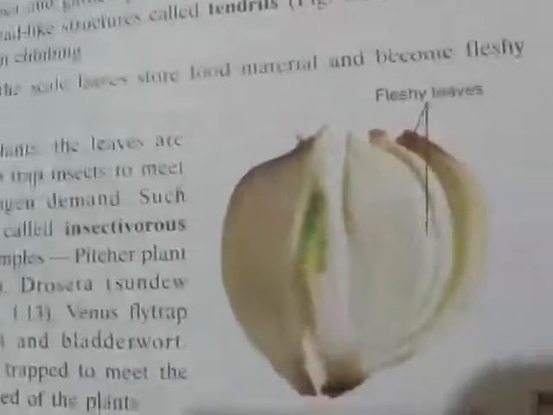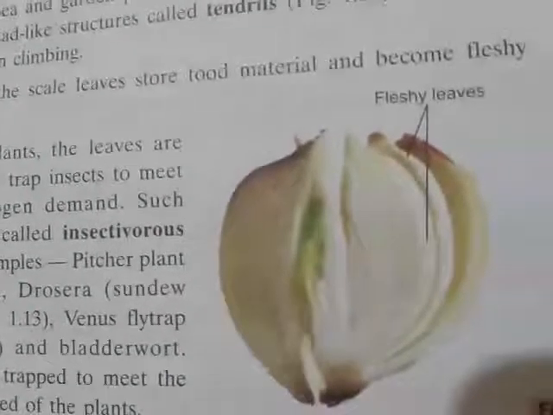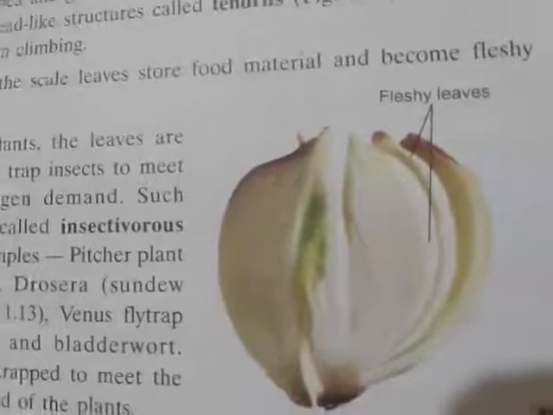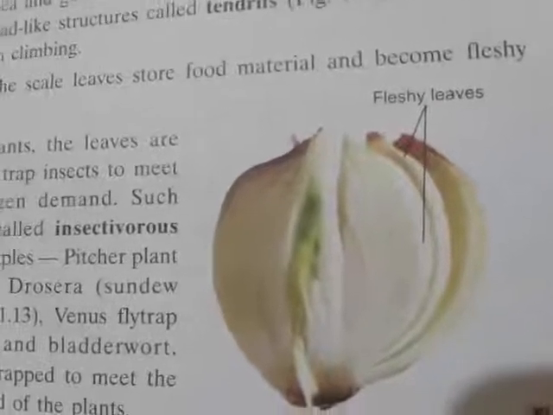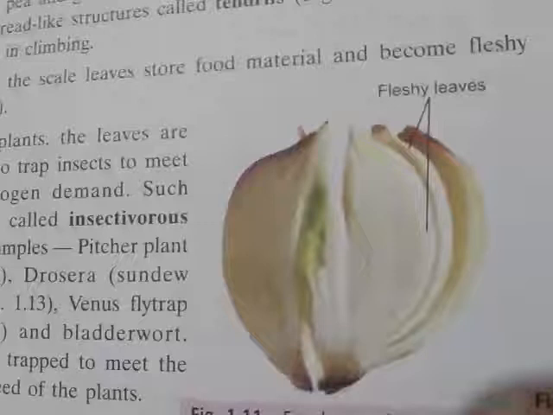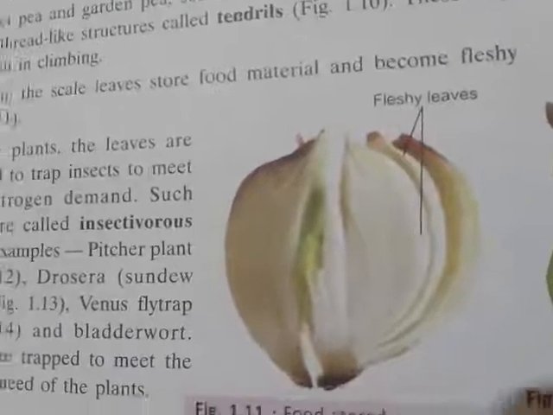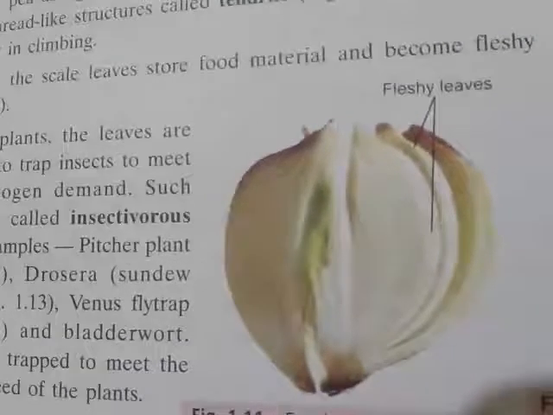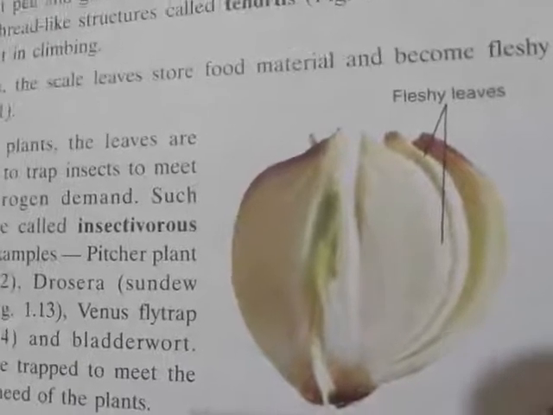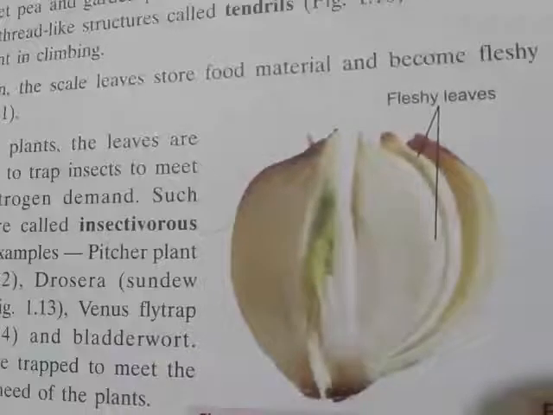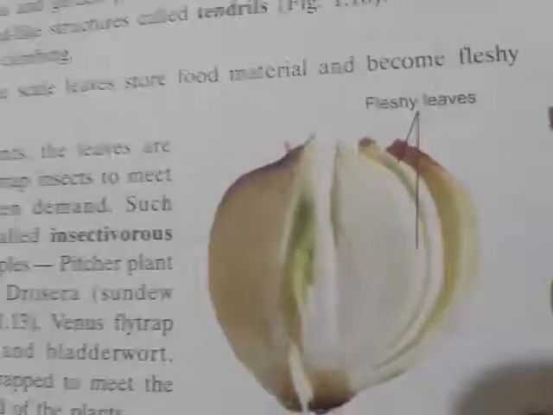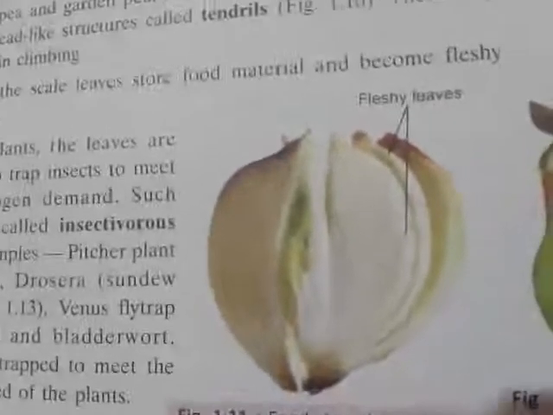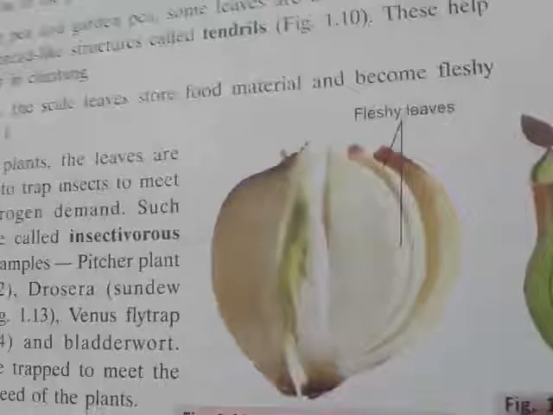Sometimes the fleshy part of the leaves contains food material or many kinds of vitamins stored in it. In the case of onion, these leaves are called scale leaves.